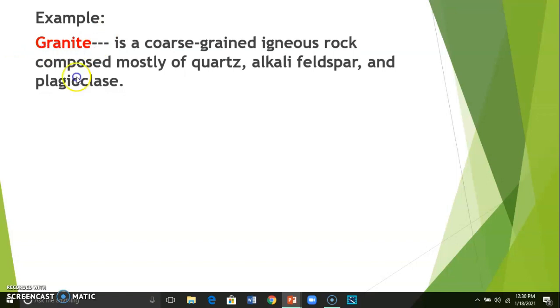Remember, granite is an intrusive igneous rock. We will read it together, please. Granite is a coarse-grained igneous rock composed mostly of quartz, alkali feldspar, and plagioclase.